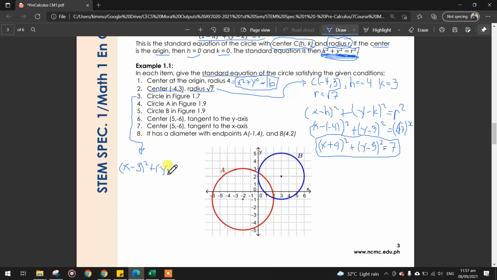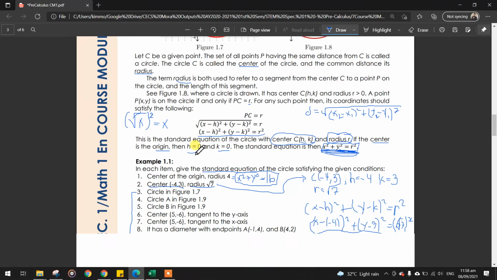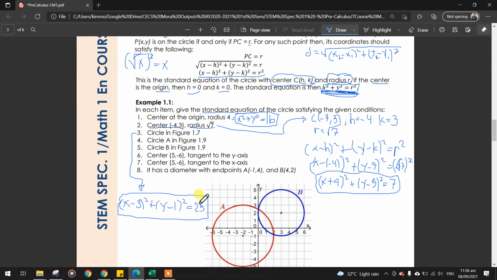Atong k kay 1. So, squared is equal to atong r. R again is 5. So, 5 squared is 25. So, dali ra kayo. Since naa naman tayo center, 3 ug 1, diba? Then naa tayo radius na 5. So, easy. Dali ra kayo.